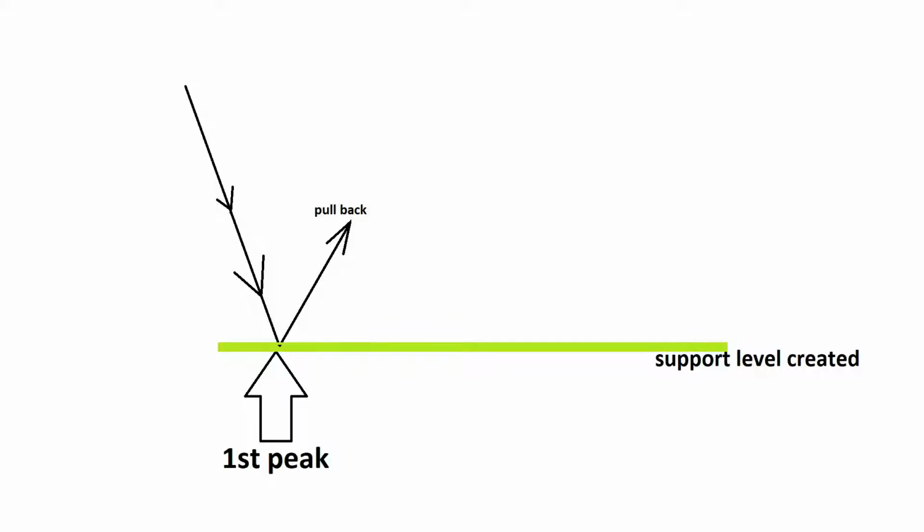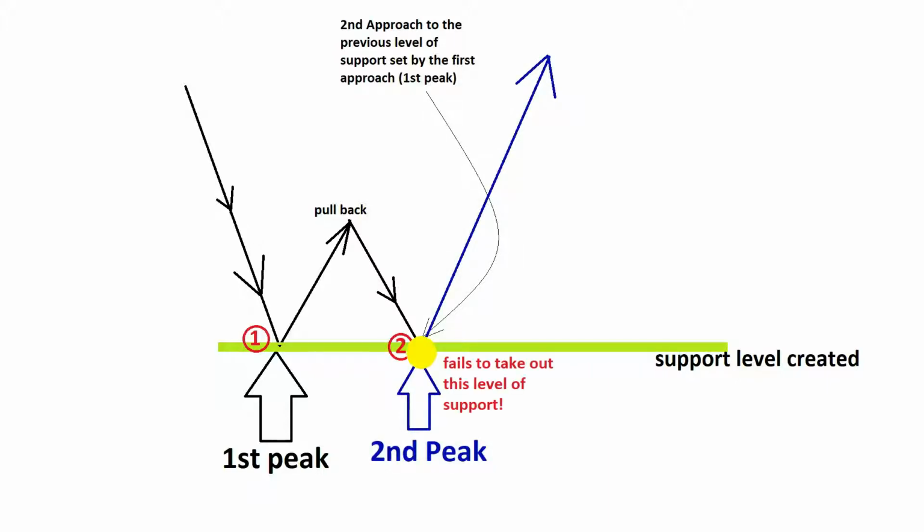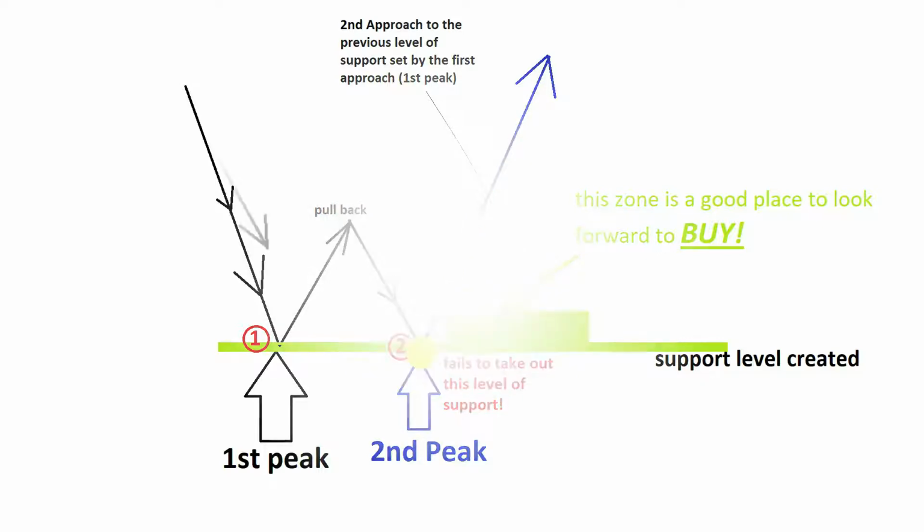Now, when we then see the market coming back to roughly the same point in the second peak and fail to break the level of support that was created following the first peak, it can only mean that this level of support is strong enough such that the second approach even failed to take it out. This makes this zone a good place to buy the market from that support level created. The structure that will be left will look like a double bottom like this.